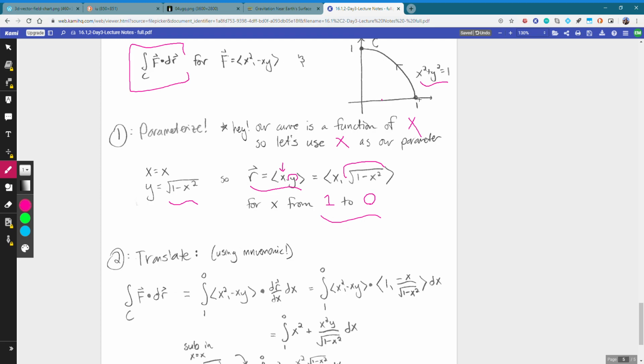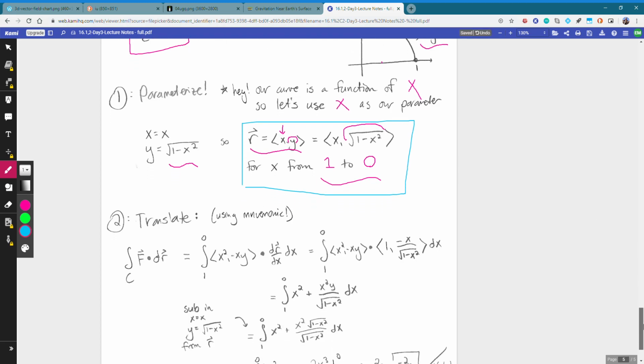So we do want to pay attention to the direction that we're moving along our curve. That'll affect our starting and stopping values for our parameterization. But once we have our parameterization on hand, ready to go, we can go ahead and translate our integral.